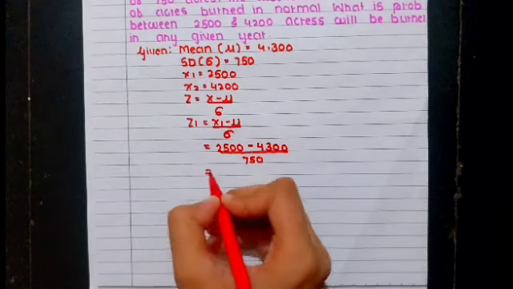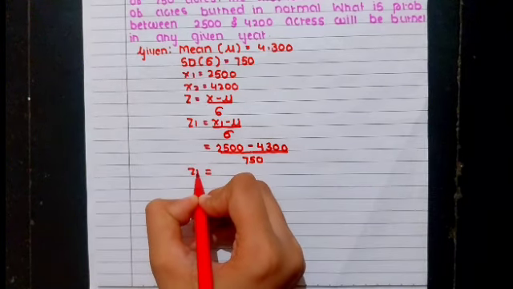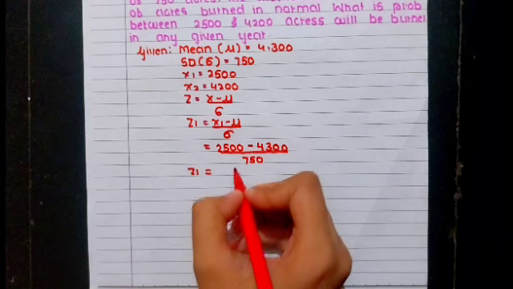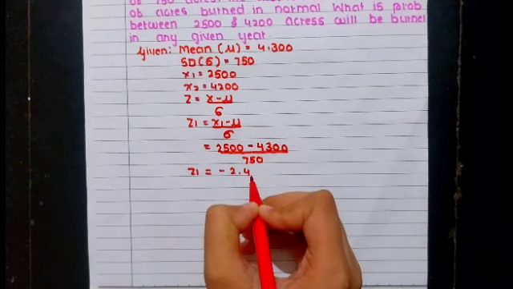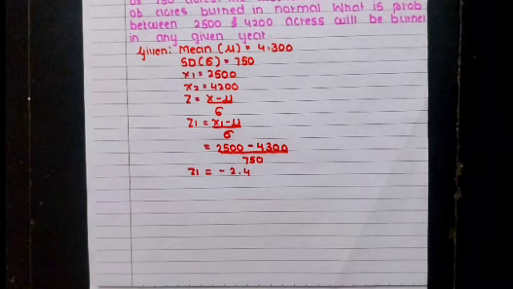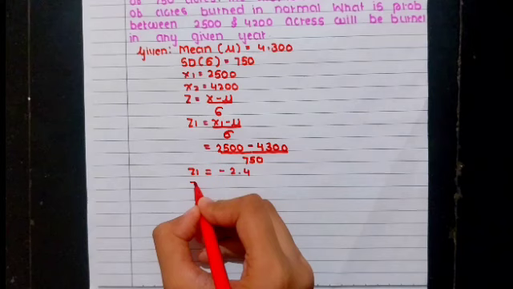By doing the calculation, we get z as minus 2.4. So this is the value of our z1, the first point on our figure to find the range.